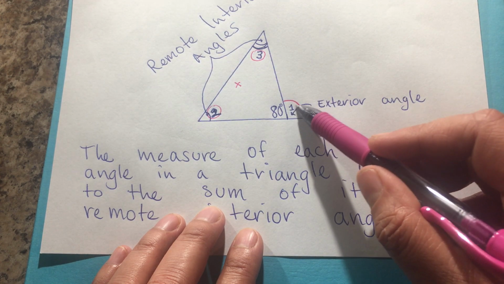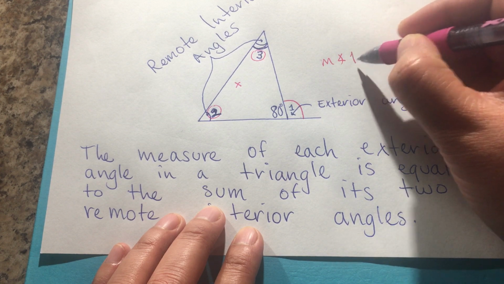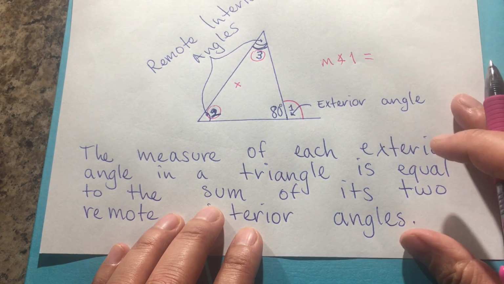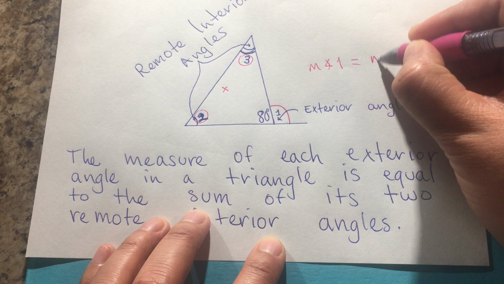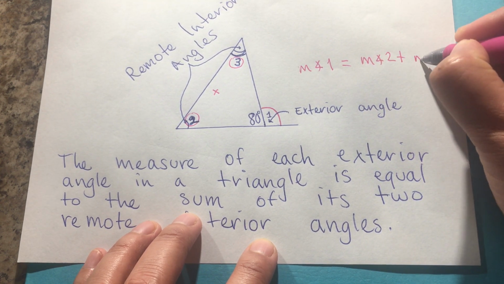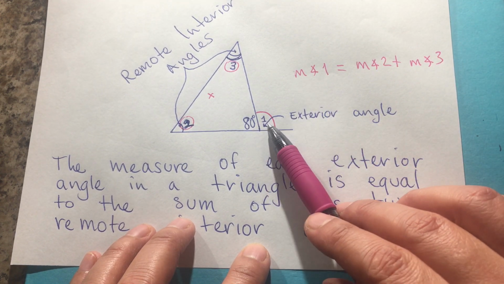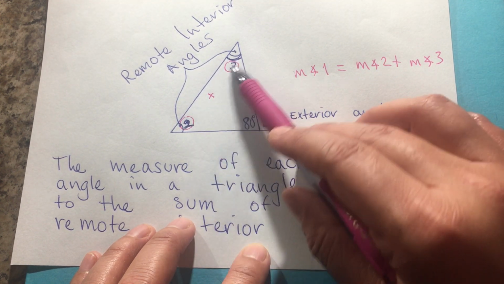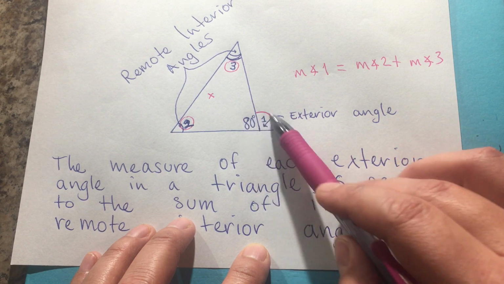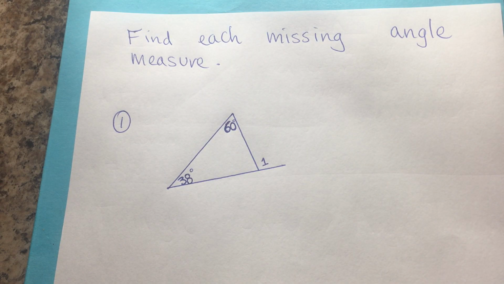So to figure out the measurement of angle 1, all you have to do is add the measurement of angle 2 plus the measurement of angle 3. To find this angle, just add the ones that you're not touching, they're not next to it. Having that in mind, let's start working on this.